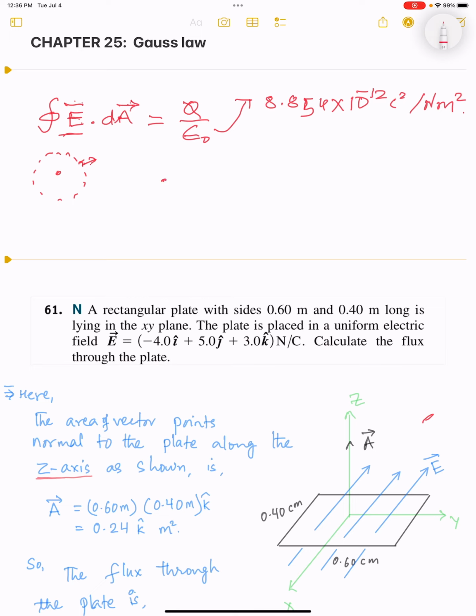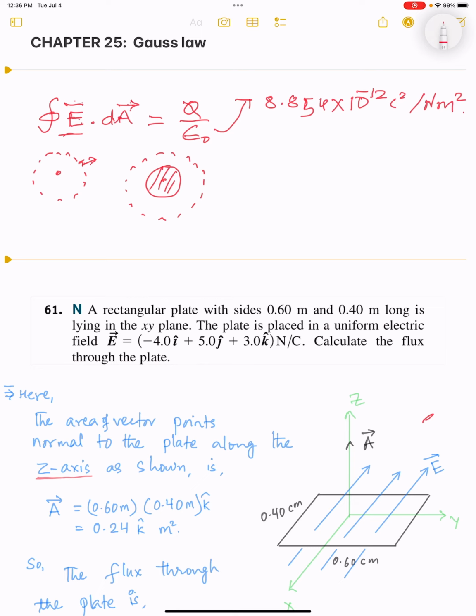You construct the Gaussian surface like this and do the further calculation accordingly.